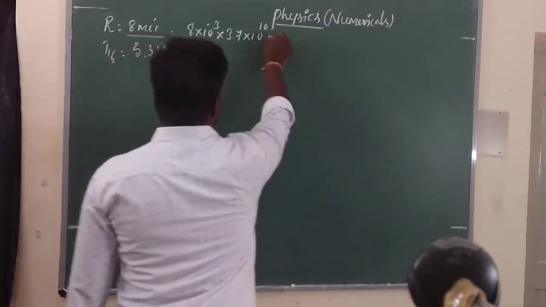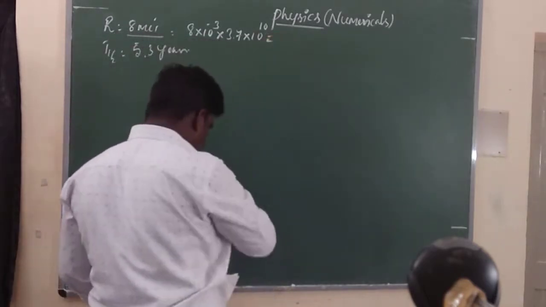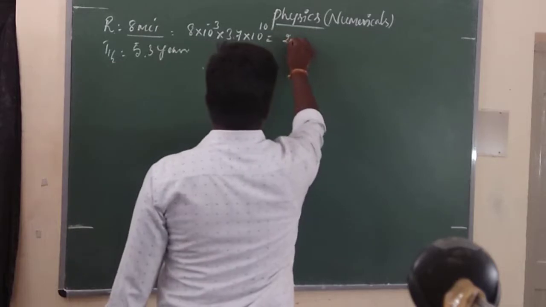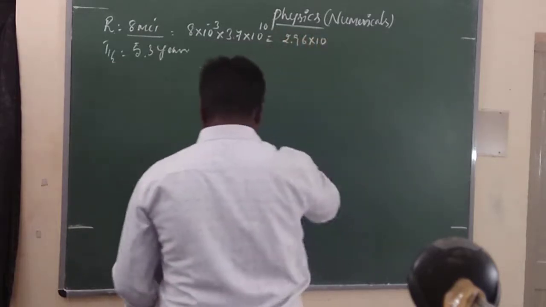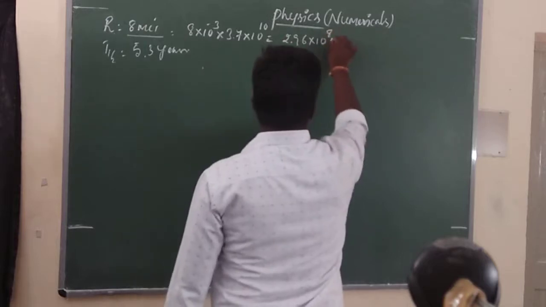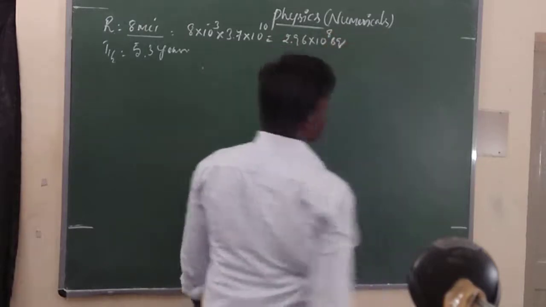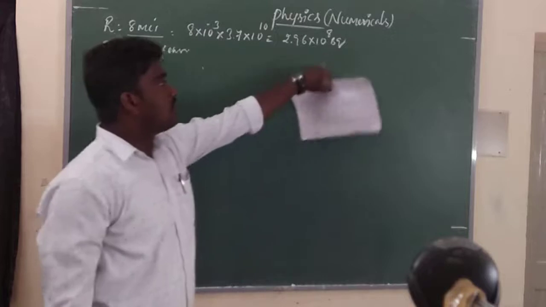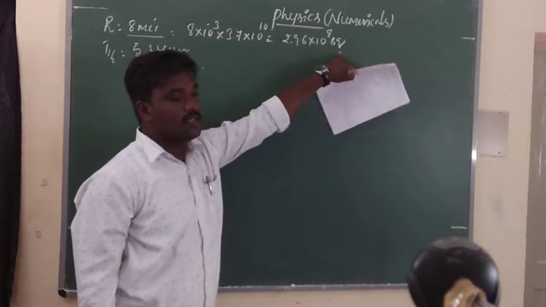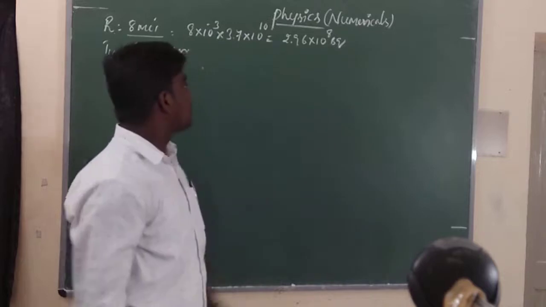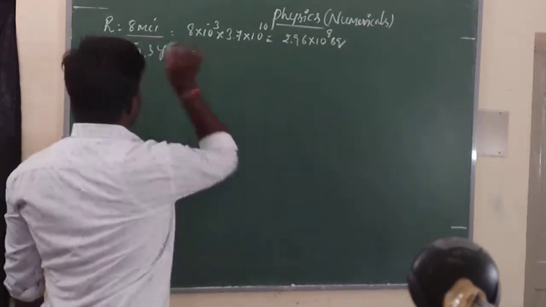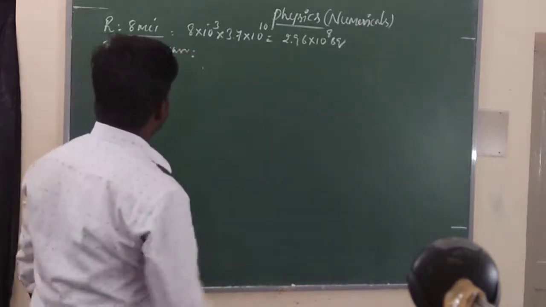So the radioactivity is 8 millicurie, that is 8 into 10 to the power of minus 3 into 3.7 into 10 to the power of 10. Simplifying, that is 2.96 into 10 to the power of 8 becquerel. The becquerel is the SI unit of radioactivity.